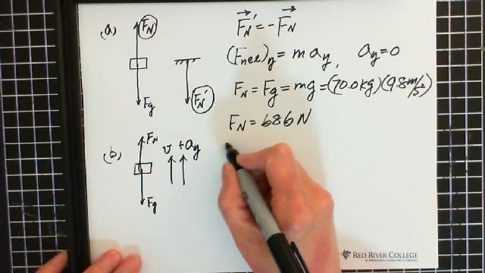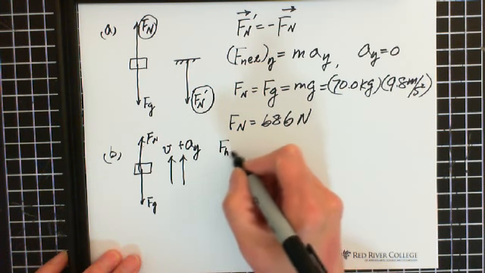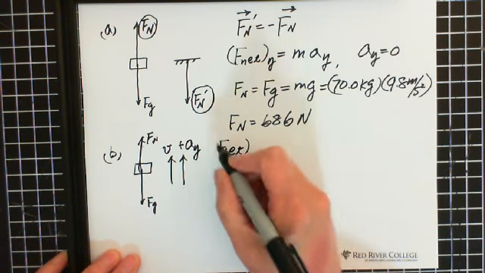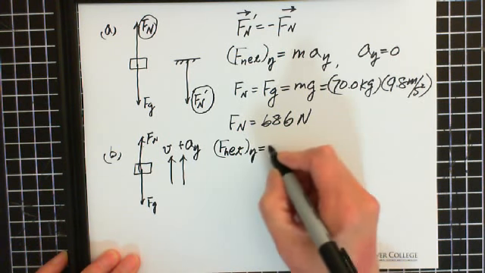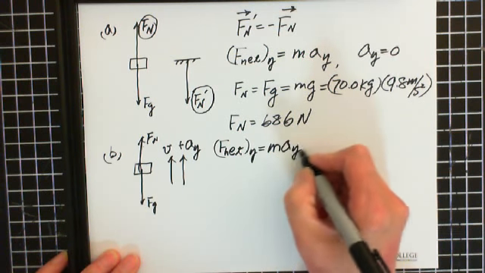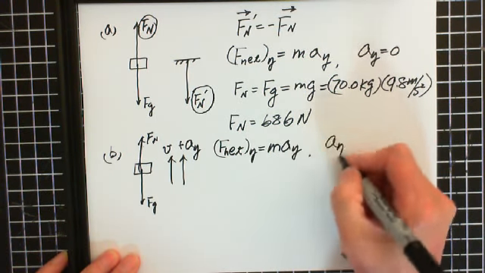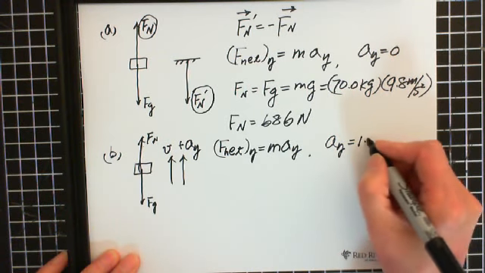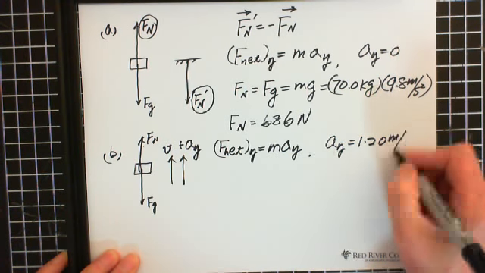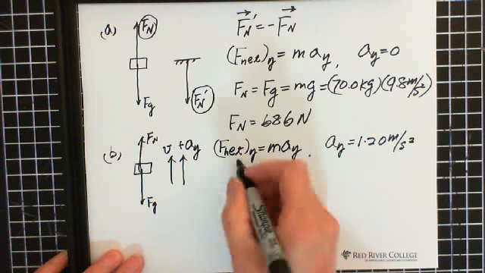From Newton's second law, F net in the y direction equals m a_y, which is 1.20 meters per second squared.